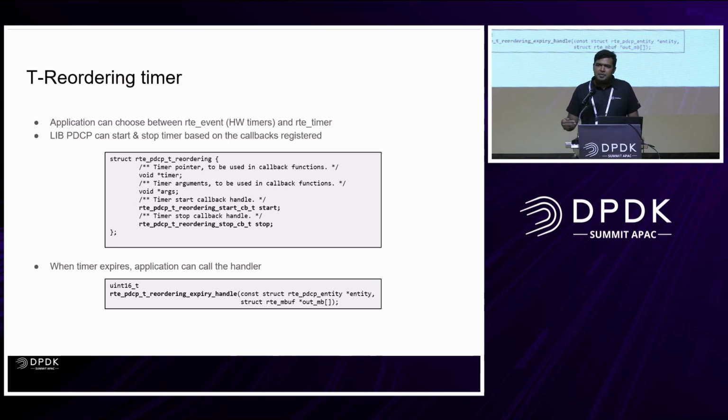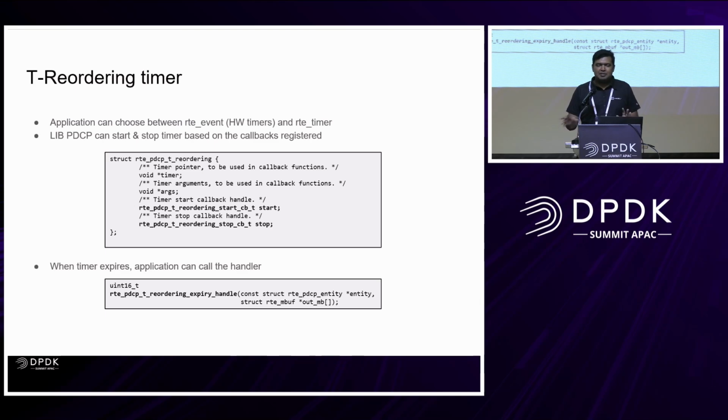Lib PDCP is required to call an API to start and stop the timer, but the actual timer can be different. As I said earlier, there are hardware timers and software timers, and if Lib PDCP sticks to one, then Lib PDCP becomes usable only if that particular device is available.